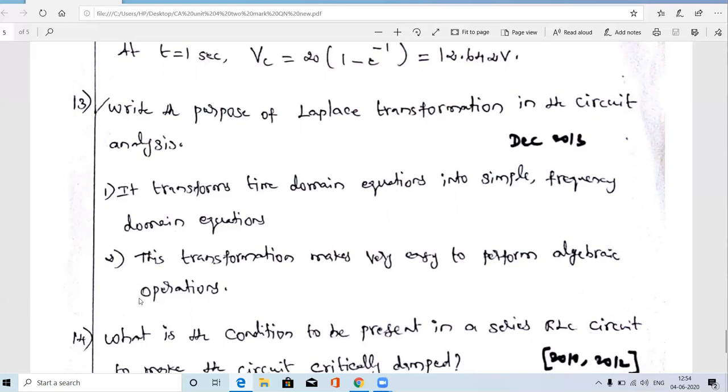This transformation makes it very easy to perform algebraic operations. Instead of solving the equation in the time domain, the Laplace domain is very easy to analyze. So these are the applications or purpose of the Laplace transform in circuit analysis.